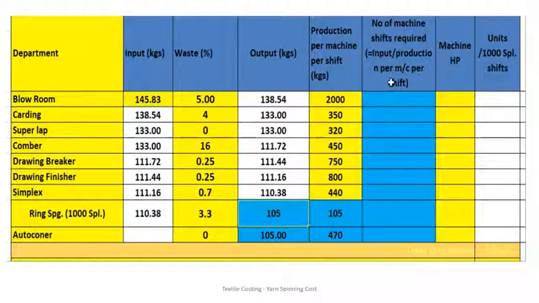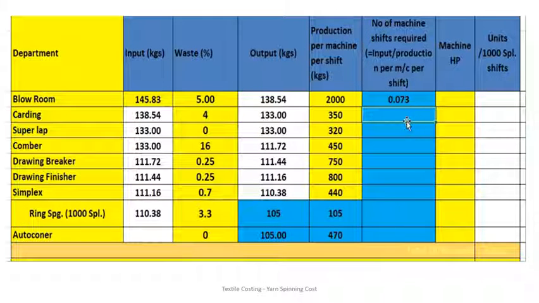So let us next go on to the number of machine shifts required calculation. Number of machine shifts required is equal to input. Usually we take output by production per machine shift, but here we consider input so that we take into account the total power consumed. As the total input is given inside the machine, we take input for this calculation. So input 145.83 divided by 2000, we get 0.073 number of machine shifts required.